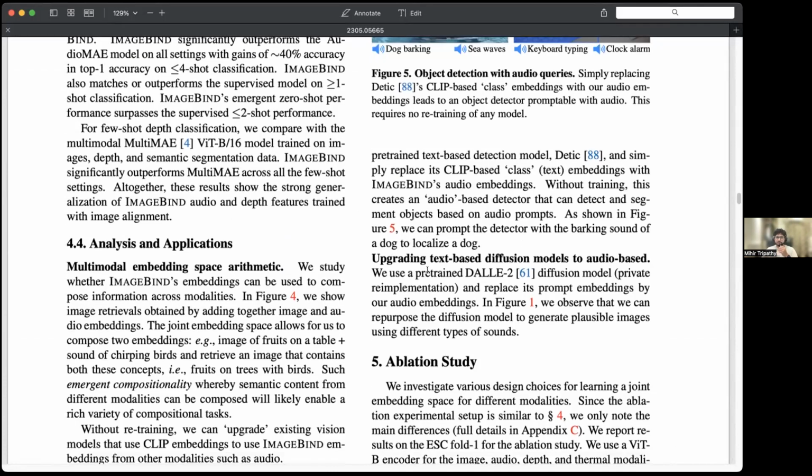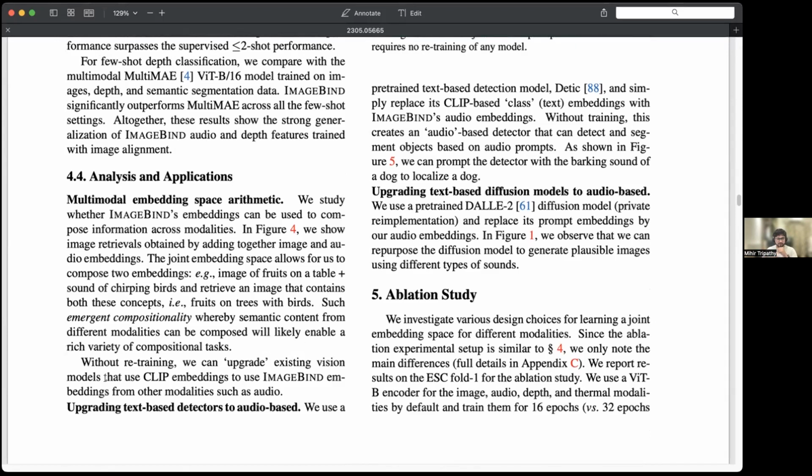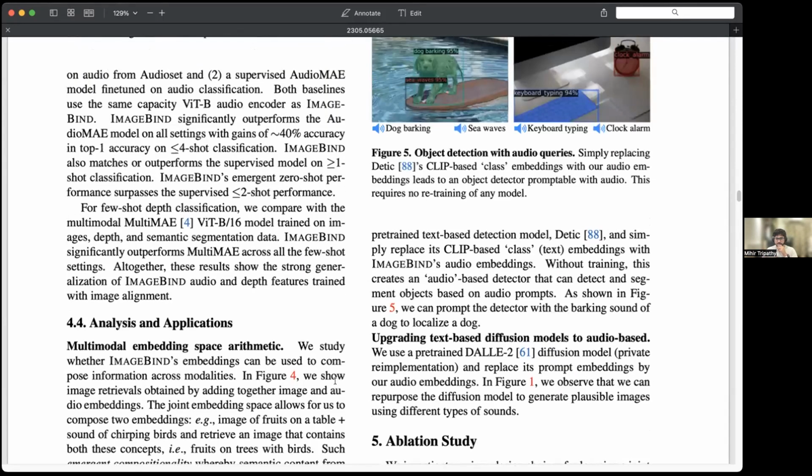What they experimented with was that these diffusion models use text to generate images, and since they can align those texts to audios as well, they created a model which can use just an audio to generate an image. So you can add barking noises, and it'll hopefully generate the image of a dog. This is also one of the things that these authors have achieved, upgrading text-based detectors to audio-based.